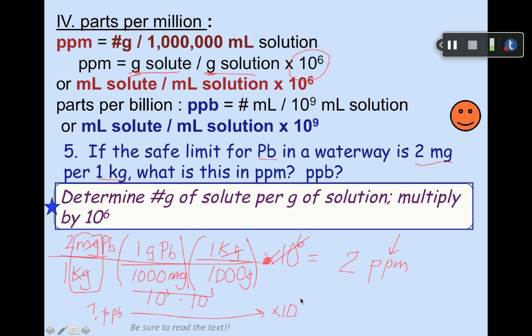So apparently that's 10 to the 3, as in 1,000 times as much. And so the answer here becomes 2 parts per billion. Not too much to calculate there with a calculator. Sometimes you get lucky.